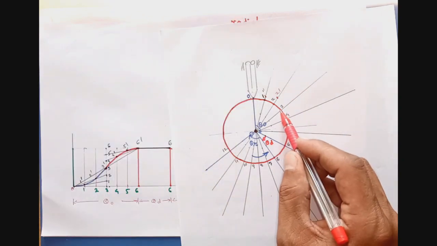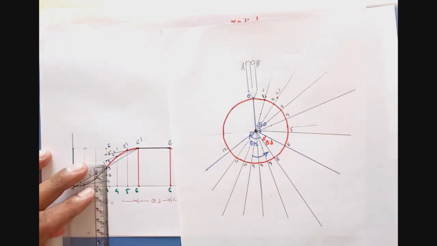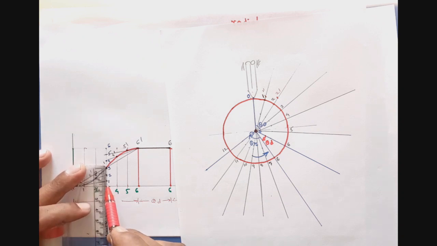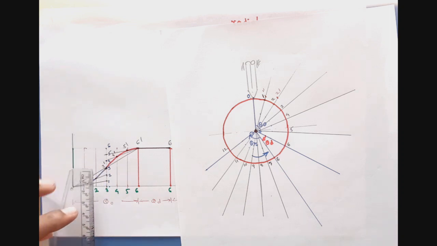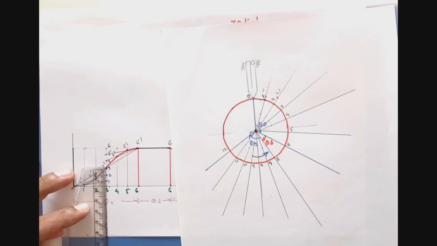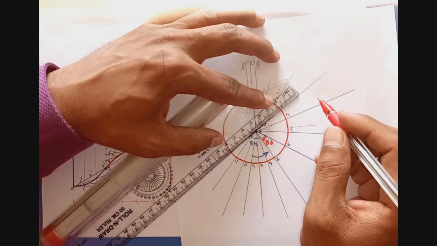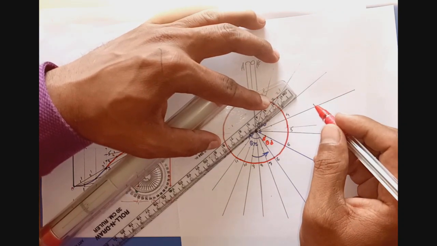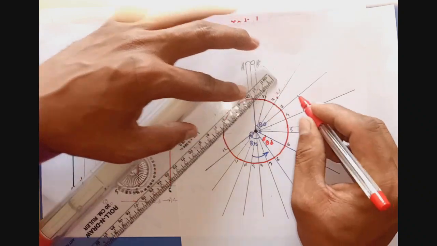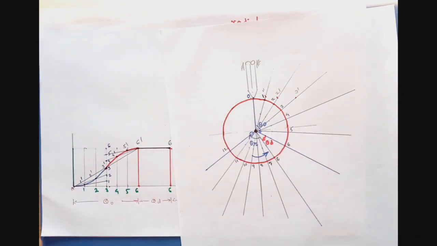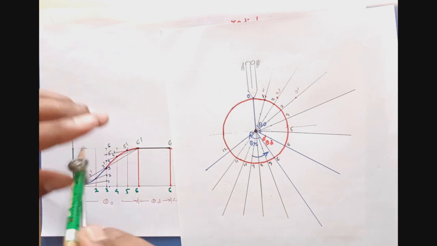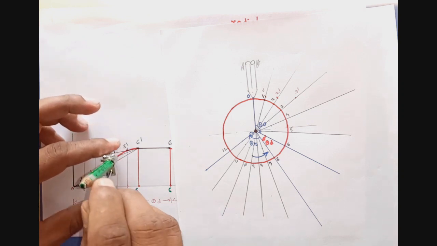At instance 3, displacement is 27, sorry, it is 16, and this is my 3 dash. Now at 4, the displacement is 4 to 4 dash.